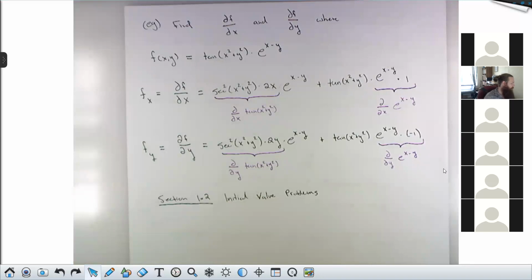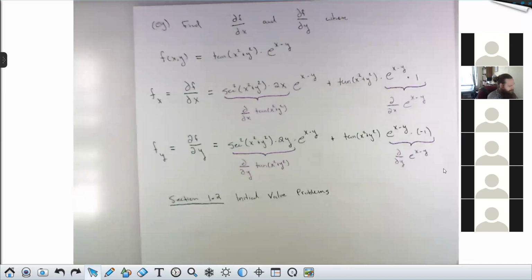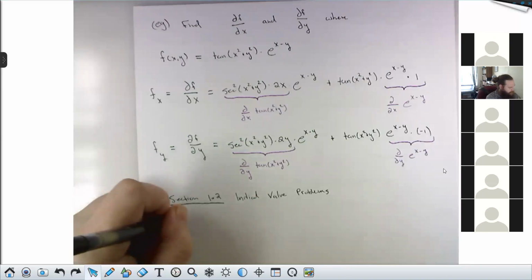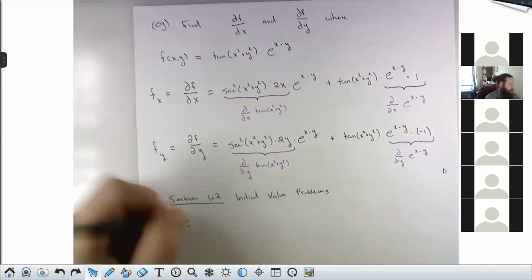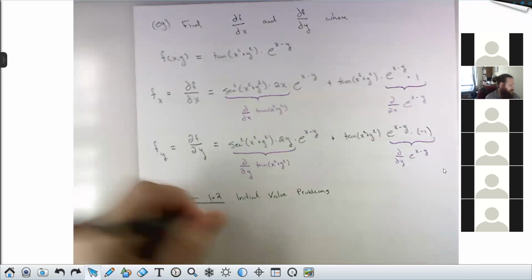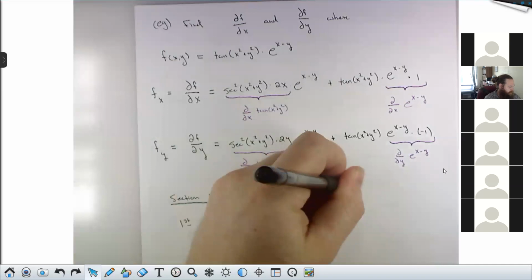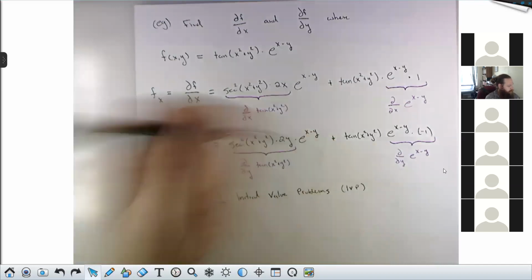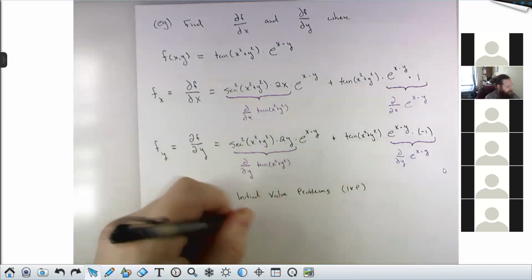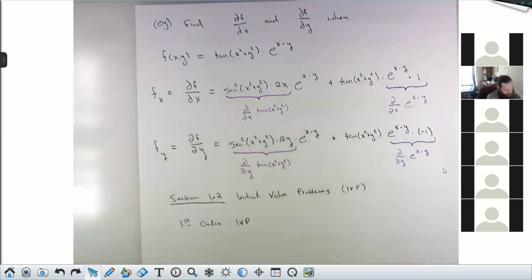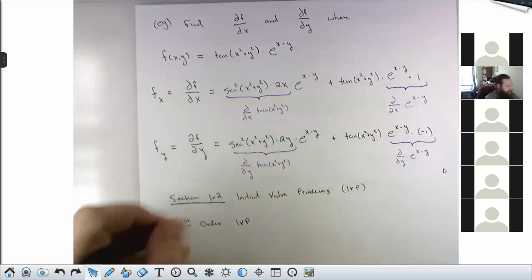A first order initial value problem, the abbreviation for these is IVP, is a differential equation that looks like this.